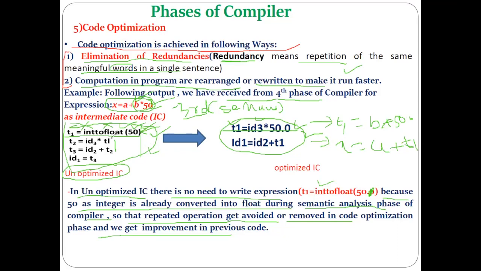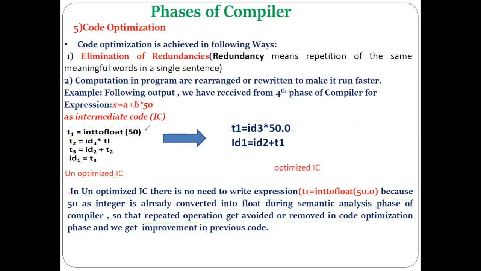For these two instructions you write only one instruction here, that is correct: t1 equal to id3 into 50. So the meaning of these two instructions is like this only.